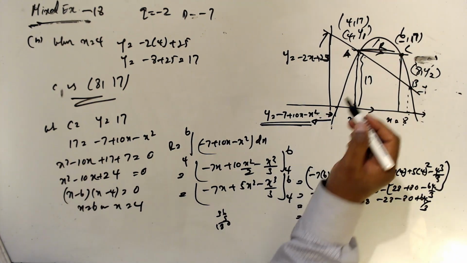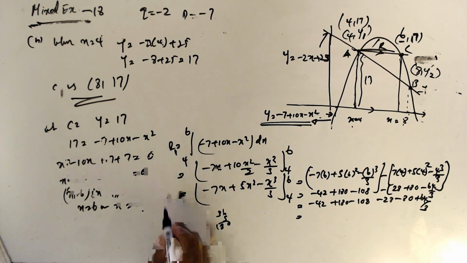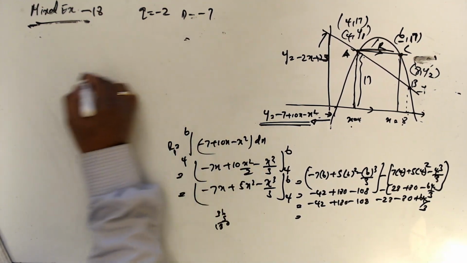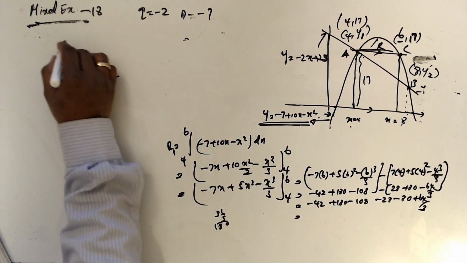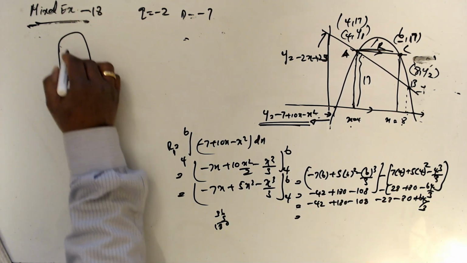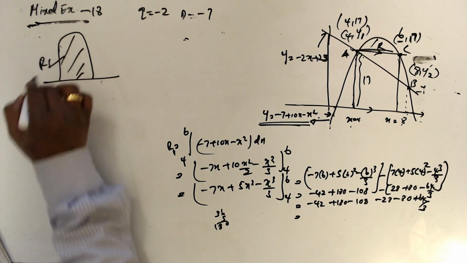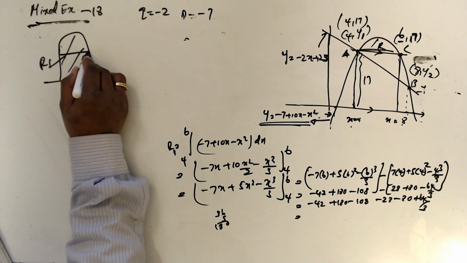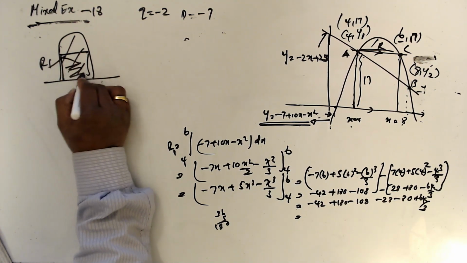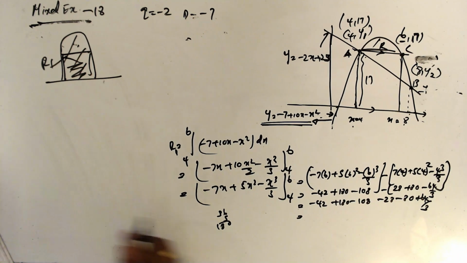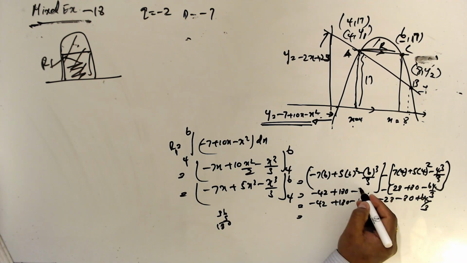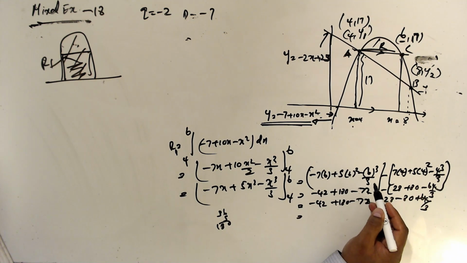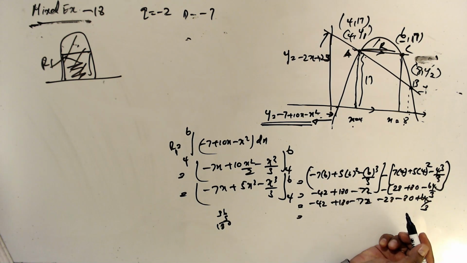Actually, I'll take R1 as this area. We have to find the whole area, that is R1 I am finding now, and then we have to remove the rectangle. Then we will get this area. This is 72. 28, I'm double checking again.